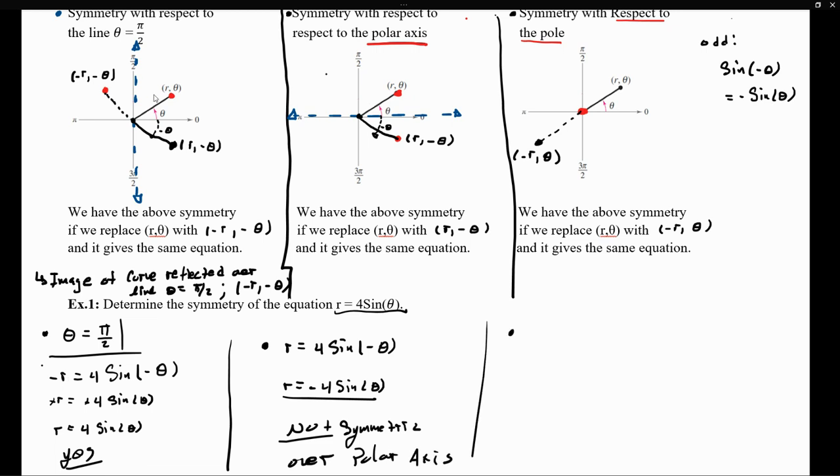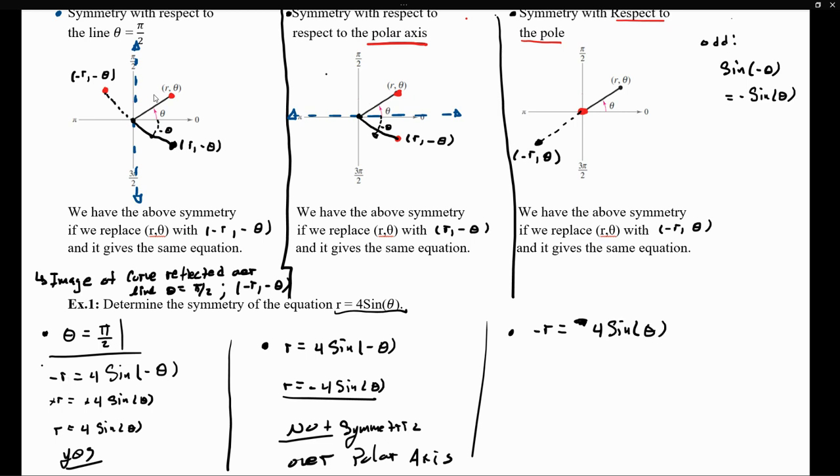So the last thing that we have to test is to see if the same equation is symmetric over the pole. And again, we're going to get our original equation. And now to test to see if it's symmetric over the pole, we're going to replace r with negative r, and we're going to replace theta with the positive theta.